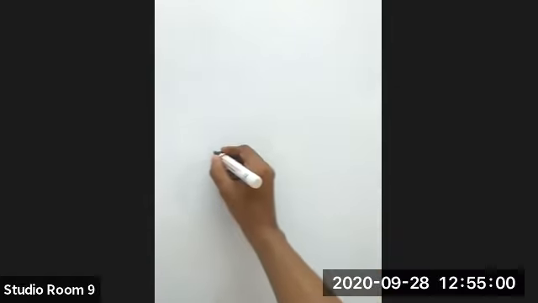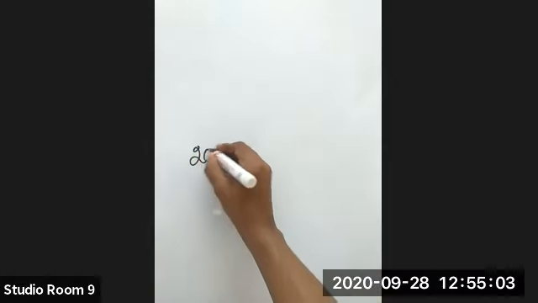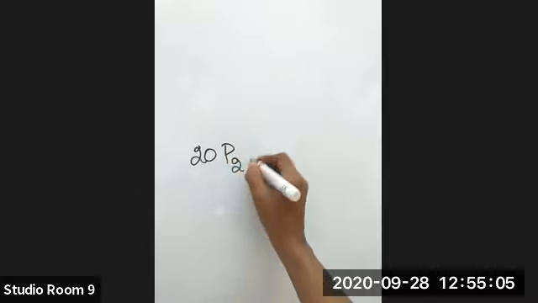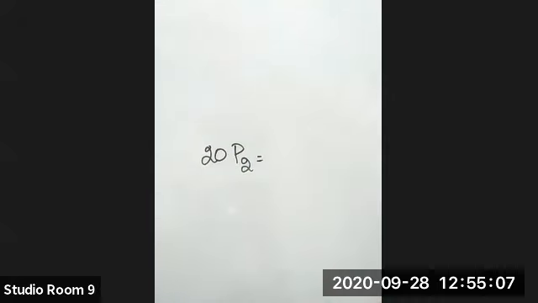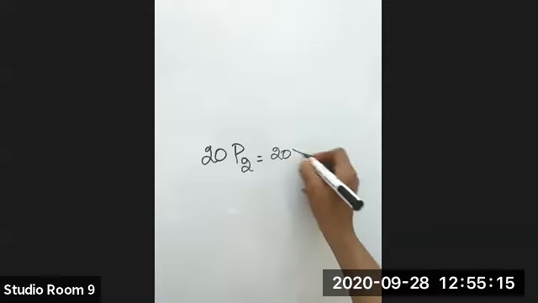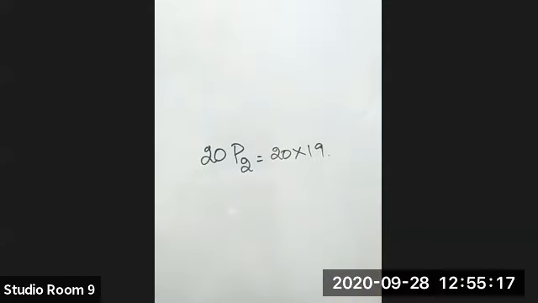Okay. Now, we learned how to find 20P2. Are you remembering one easy way? Instead of using the definition, what is the method we learned? 20P2 is 20 into 19. From 20 onwards, you write 2 numbers, isn't it?